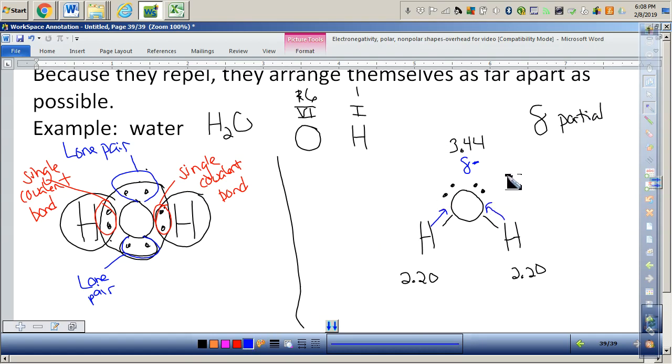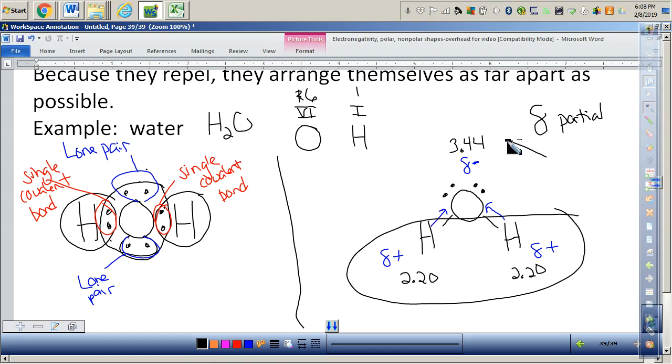And so if the oxygen side is partial negative, the hydrogen side, because it's losing the negatives, is partial positive. And because of this, water has a positive side and a negative side. So it has poles.